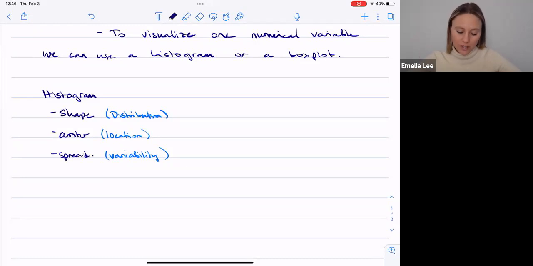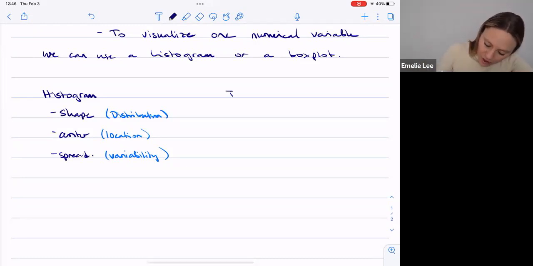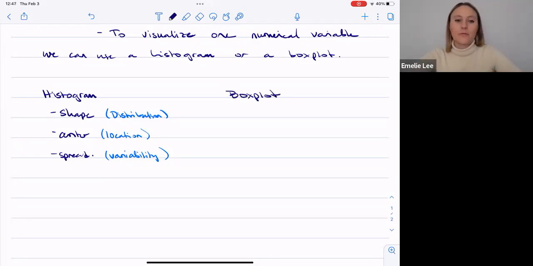Whereas a box plot is a little bit trickier. Some things to remember for a box plot: if you've made a box plot, how can we determine the shape? The shape is harder to look at. But if you have an even distribution of the boxes, so each of those quartiles is evenly distributed, then you have a normal distribution.